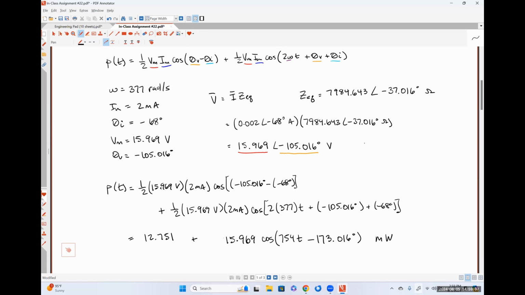And then I just figured out how to get those individual parts, right? So omega was from the problem statement, IM was from the problem statement, theta I was effectively from the problem statement. The VM and the theta V are just the parts of the phasor voltage. So even though our answer is explicitly a time domain relationship, we are using our frequency domain equations or relationships to get those parts, okay? So all of our circuit analysis is going to happen in the frequency domain, and then we just plug those values into our time domain equation.